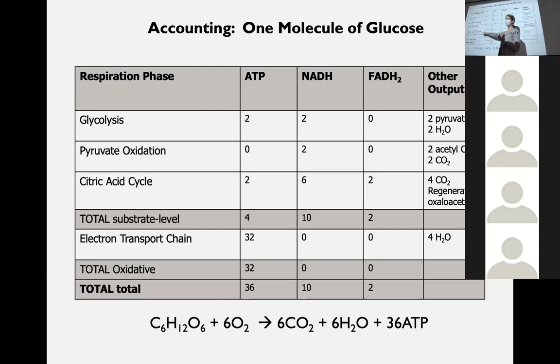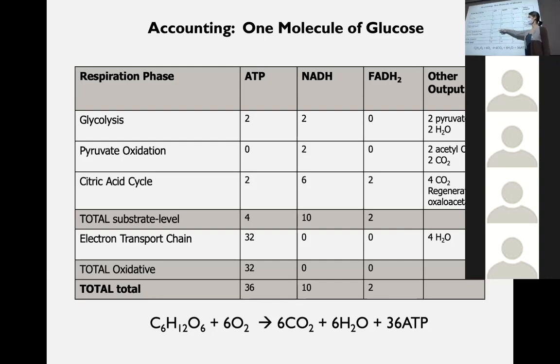If you look back at the free energy lecture that we went over, I talked about two different ways to make ATP. There was substrate level phosphorylation and oxidative phosphorylation. Substrate level was a lot less efficient. Oxidative phosphorylation is a lot more efficient, meaning you get a lot more ATP.